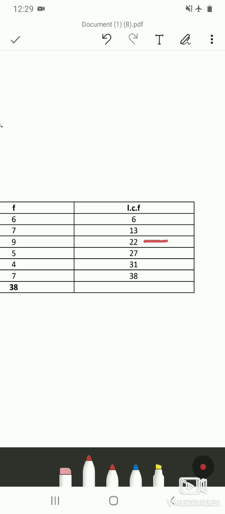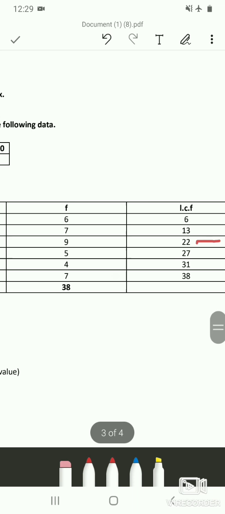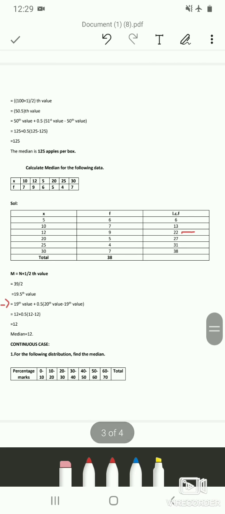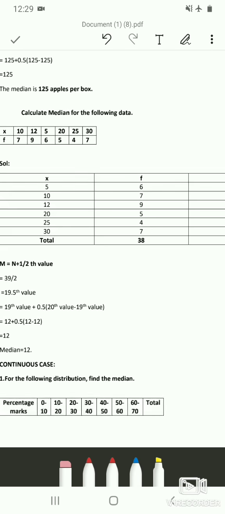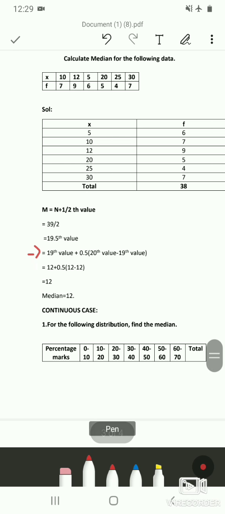Just greater than 19 is 22, and the corresponding value to 22 is 12. Therefore, the 19th and 20th value is 12, and after substituting you'll get the median as 12. Therefore, for the given data, the calculated median is 12.